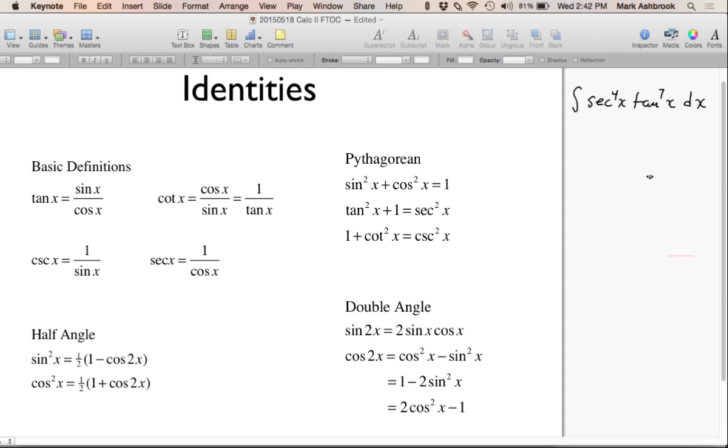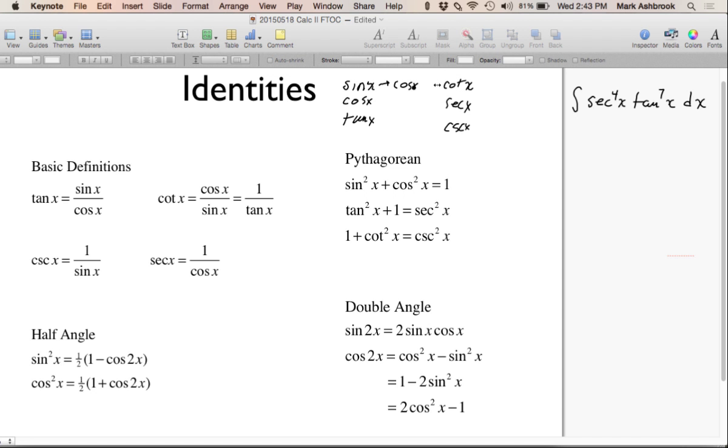What we want to do is think about, let's just talk through all the derivatives of our six functions. Sine x, cosine x, tangent x, cotangent, secant, cosecant. Derivatives, ready? Derivative of sine: cosine.